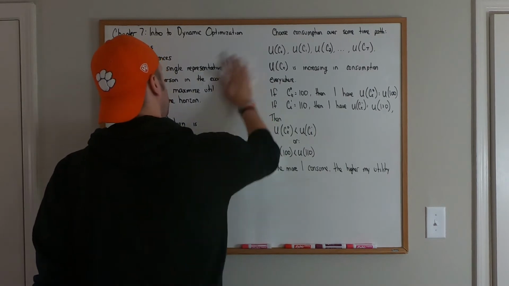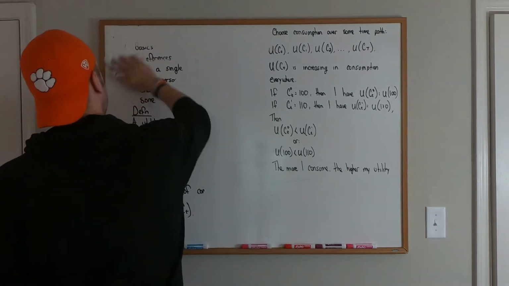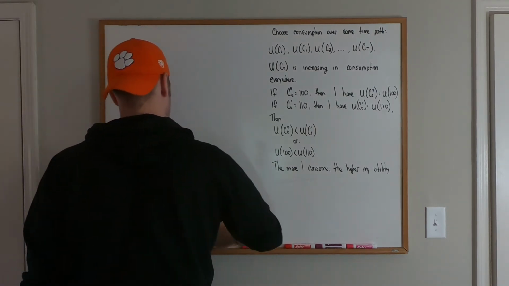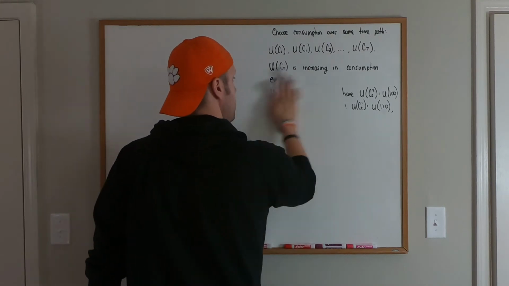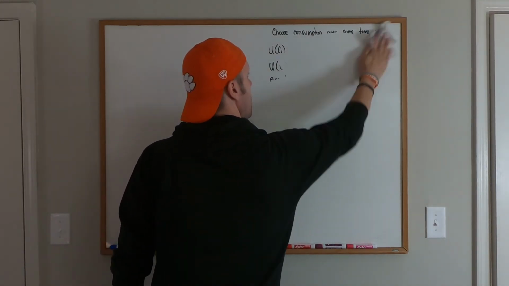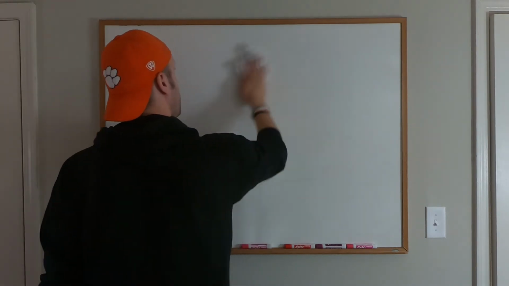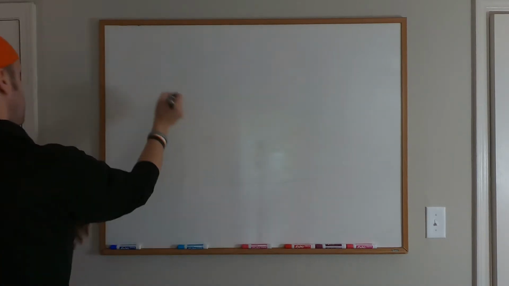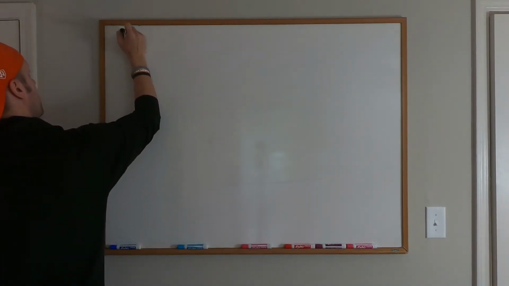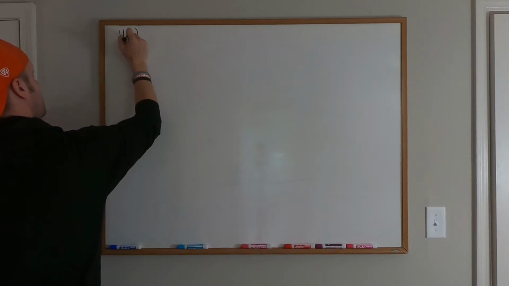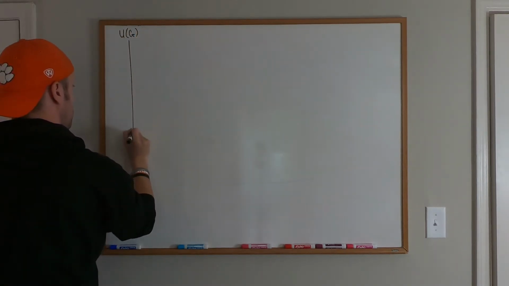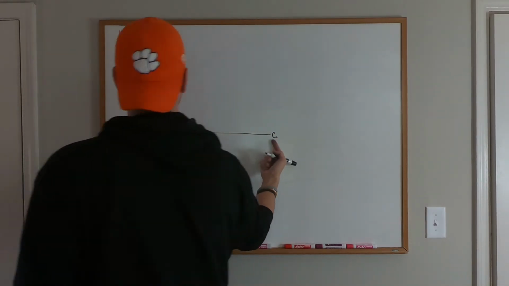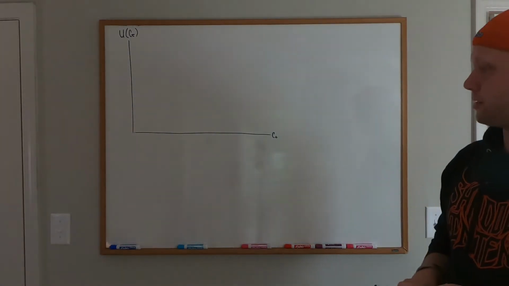So if I consume more stuff, I'm happier. What this looks like drawn out in a graph, where I can draw my utility of consumption: I would have utility of consumption on the vertical axis, and I would have my input, consumption, on the horizontal axis.